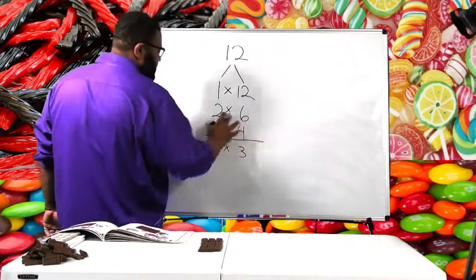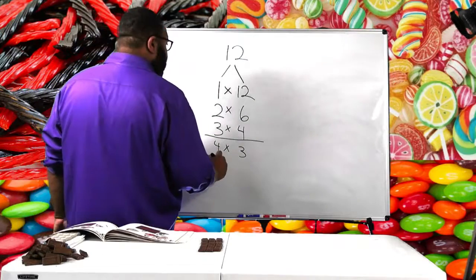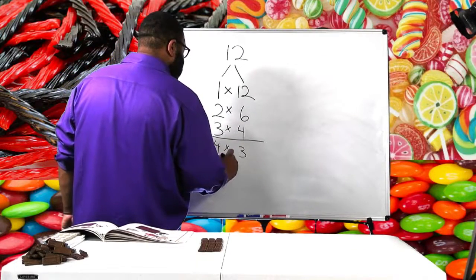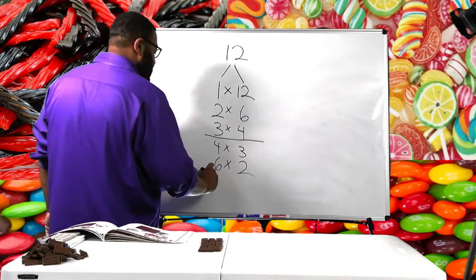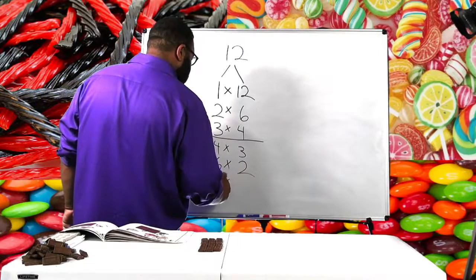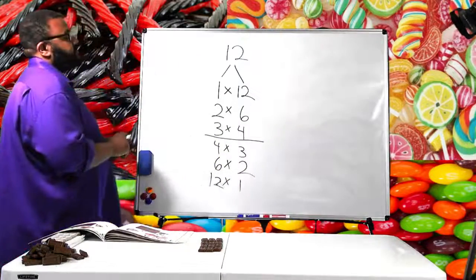Okay? And all we're doing is repeating them. No 5, but 6 times 2 gives us 12. And then, of course, 12 times 1 gives us 12.